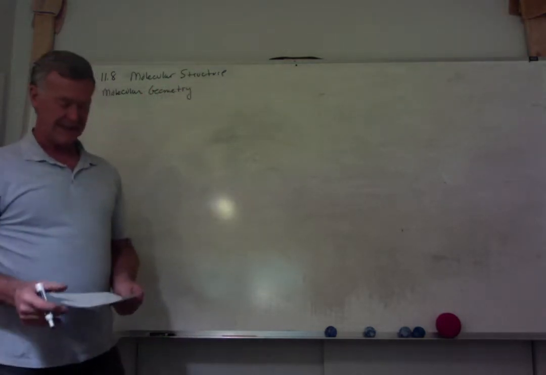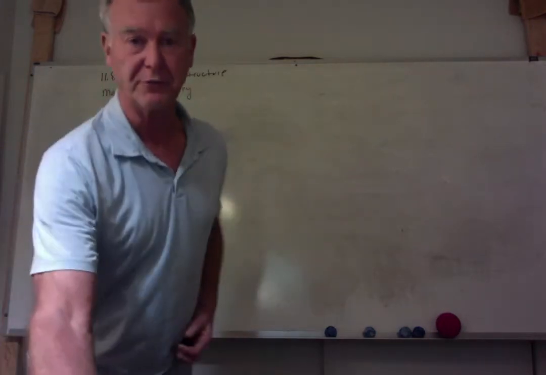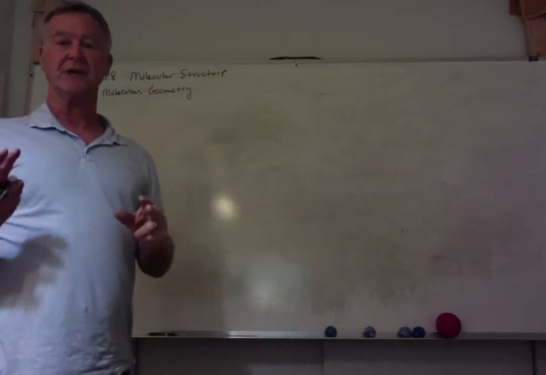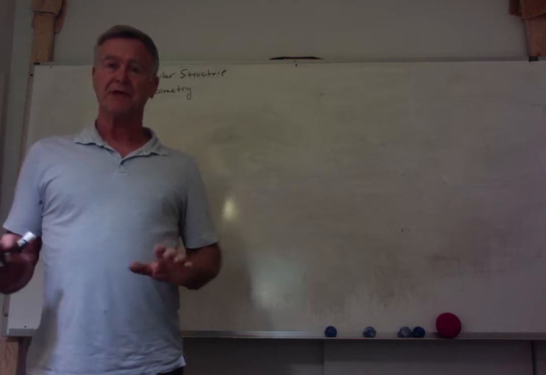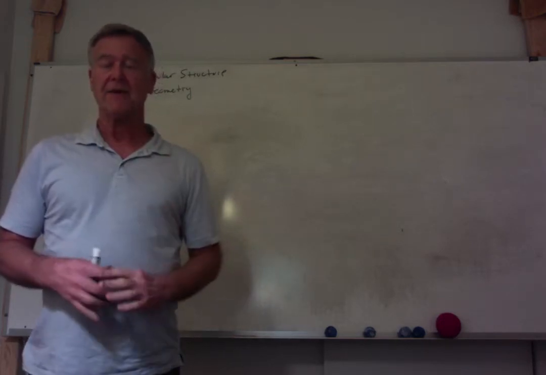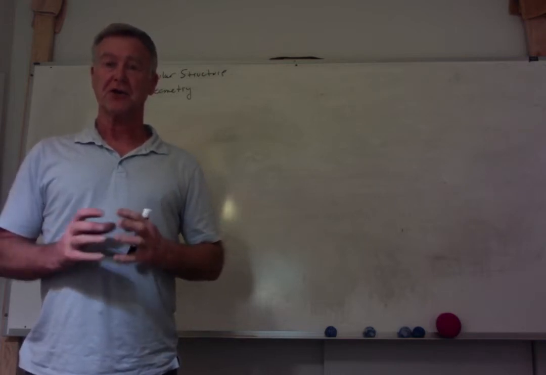And just as in the case of actual geometry, molecular geometry refers to the shape of something, what it's actually going to look like. I'm not going to spend a lot of time with this. You can read about it. There's a little section in your book that talks about it. But there are many molecules where the shape of the molecule determines its properties.